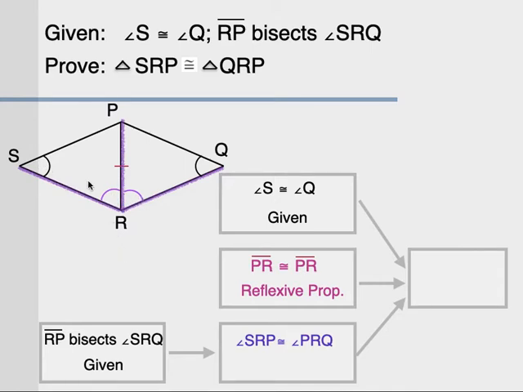You could say angle SRP has to equal angle PRQ. What would your reason for that be? Definition of bisect. We saw the word bisect. It told us that the angle was being cut into equal halves. So the reason we could make that equation was the definition of what bisect is as a word.